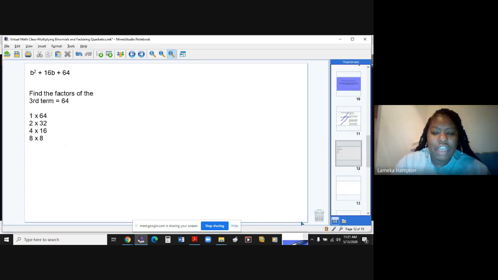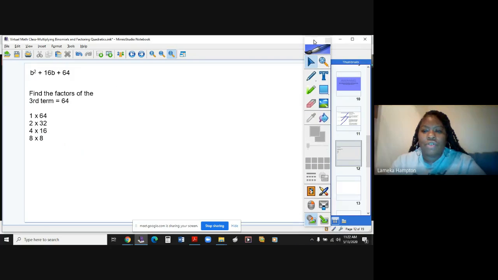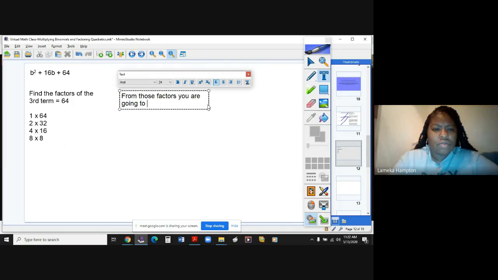All right. So now with the help of my handy dandy floating toolbar here, I am going to write out the second rule here. From those factors, you're going to find the sum of the second term.